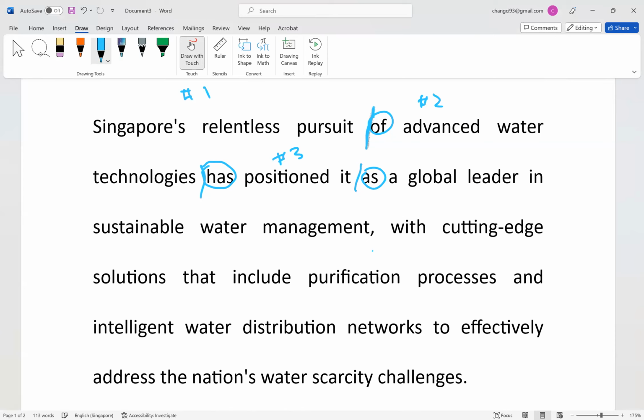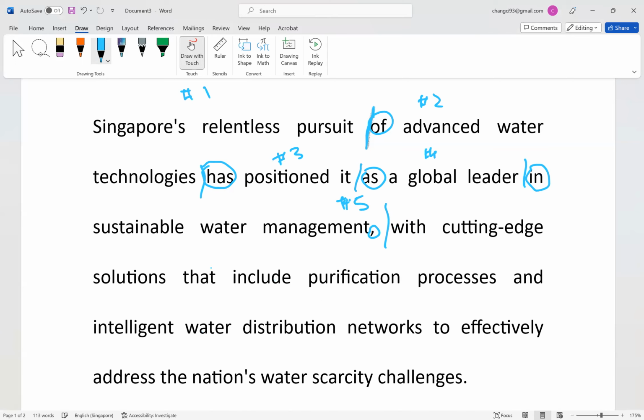But if there is a need to break it down into even more digestible ideas, then I would suggest using these kinds of phrases, or other verb phrases like has positioned, as a marker as well. So as a global leader, and another preposition here, in sustainable water management. In this case, I'm using the comma as a marker. All right. So idea number 4, 5.